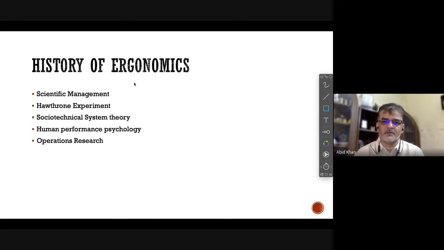socio-technical system theory. System theory where person, machine, environment is considered as a system, and we could see the effects of one factor on the other and the other factor on the first one, like that. Then human performance psychology. Human psychology was taking a lead, and some industries were trying to implement improvements based on human understanding and operations research.